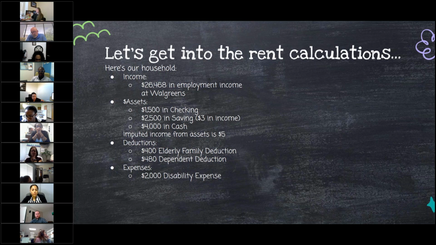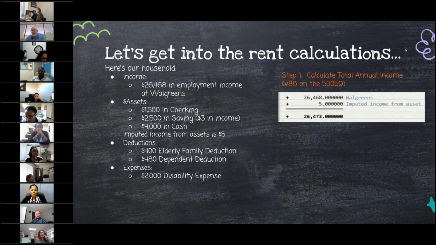This was household 2 from that asset example. Deductions, we're saying they have both, $400 elderly deduction and $480 dependent deduction. And then expenses, we're saying it's that $2,000 disability expense. And what we're doing from here is calculating rent based off of this.